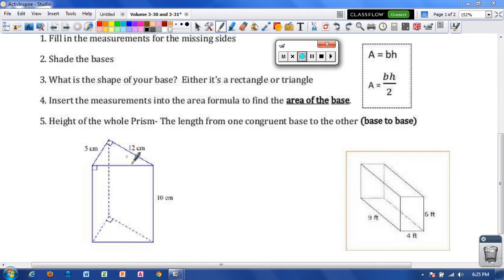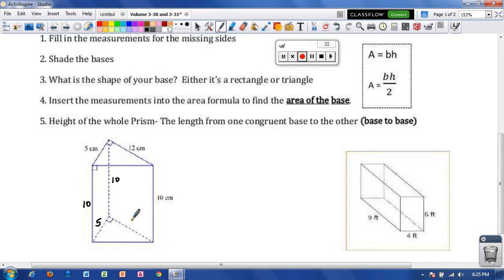So if we look at this triangular prism right here, we know that this side back here will be 10 because this is 10. And we know that this will also be 10. We know that if this is 5, then this must also be 5.